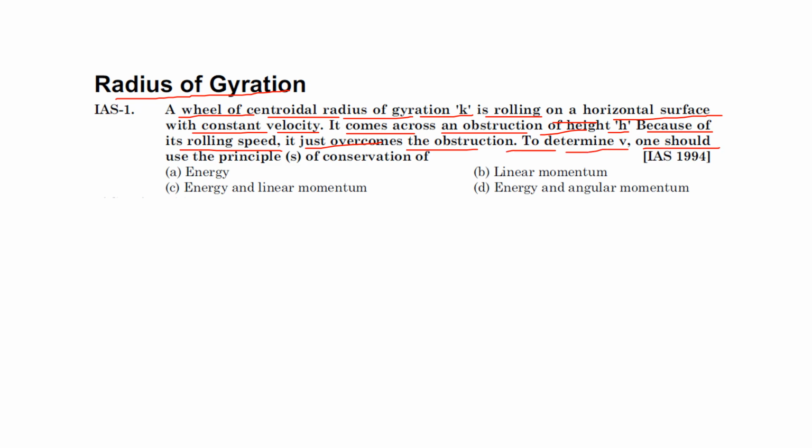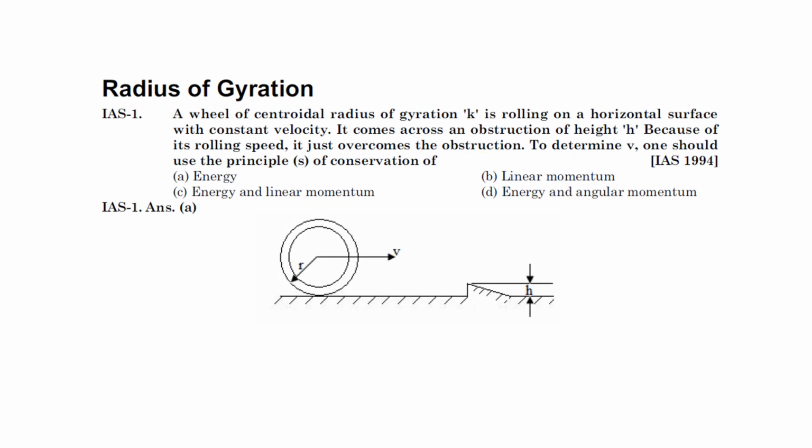To determine this, one should use the principle of conservation of: energy, linear momentum, energy and linear momentum, or energy and angular momentum. In such a case, we have to decide based on whatever is given here. So we have to use energy conservation. The answer is A.